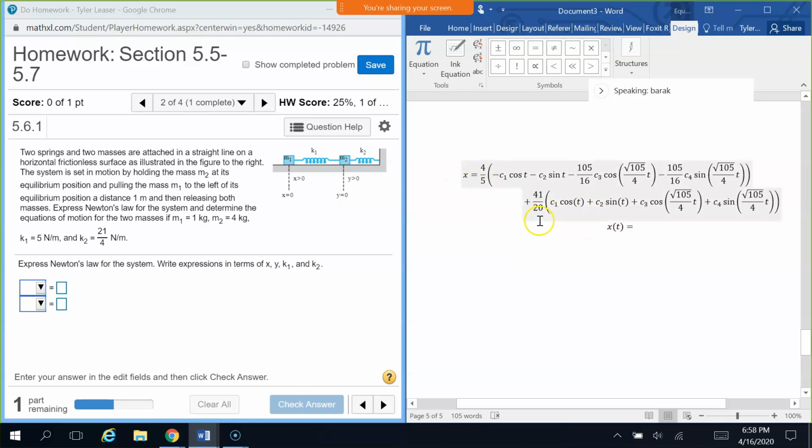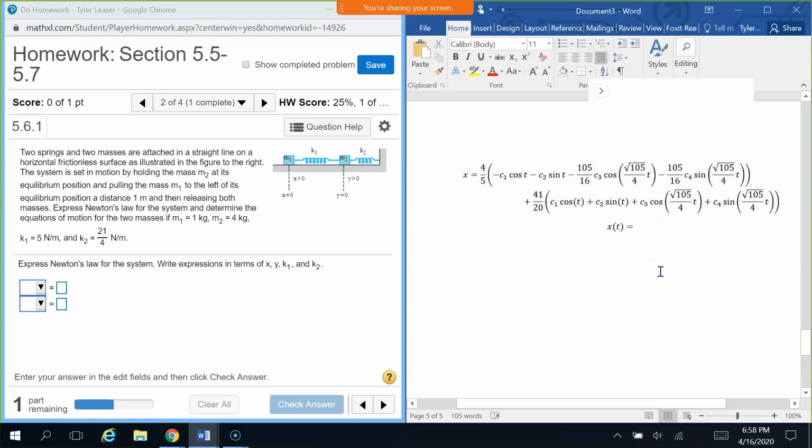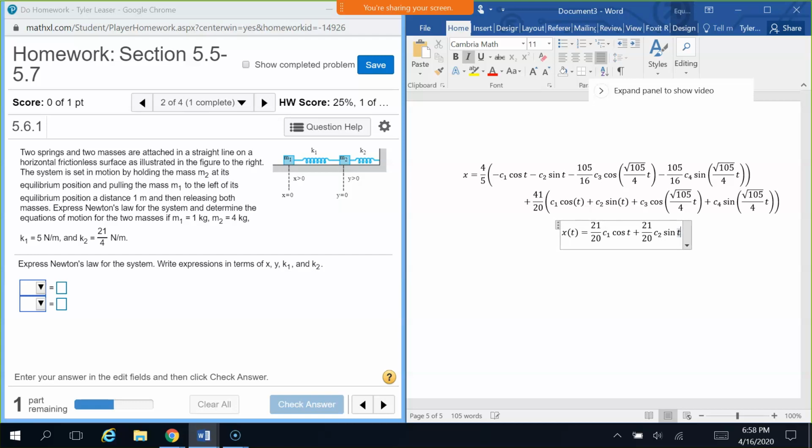I just have to worry about the coefficients out in front. So this is negative 4/5 and plus 41/20, which is plus 21/20 C1 cosine t. Same thing for the next one, plus 21/20 C2 sine of t.